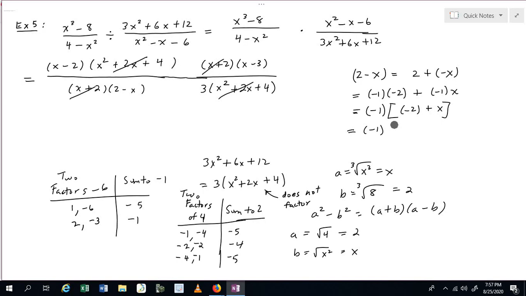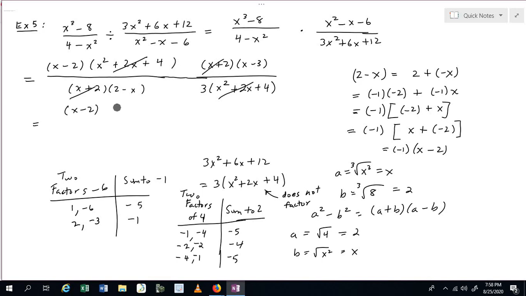You can write it as x plus negative 2. The order in which you add doesn't matter, which by the way is the same as x minus 2. So when you factor a negative out of 2 minus x, you're left with an x minus 2 inside of it.